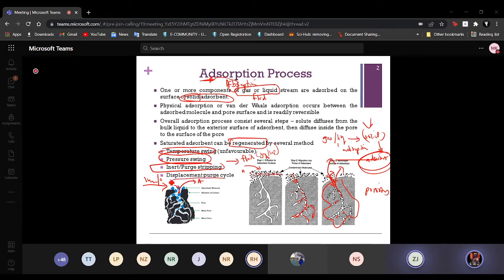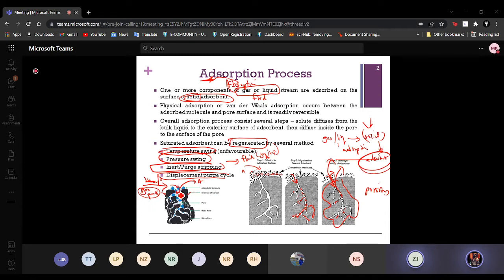Okay, another one, the last one, we call it displacement purge cycle. It is like inert, but now they don't use inert gas, rather they use purge gas. Why do they call it purge gas? Because inside this gas you have components that are more adsorbed towards this adsorbent.